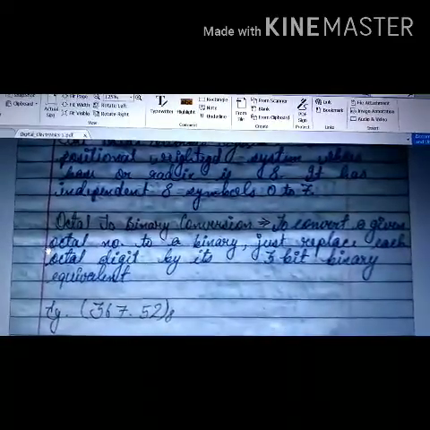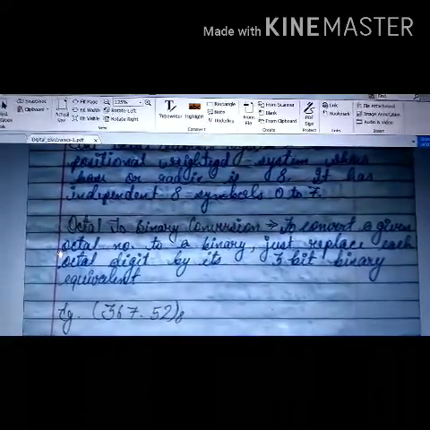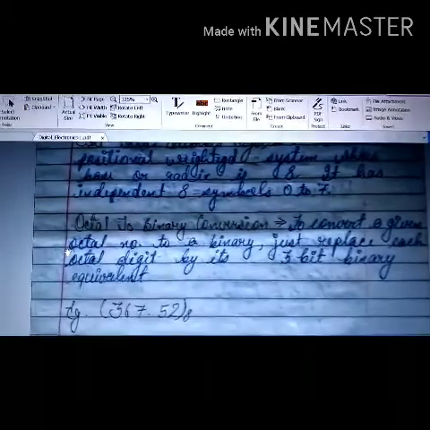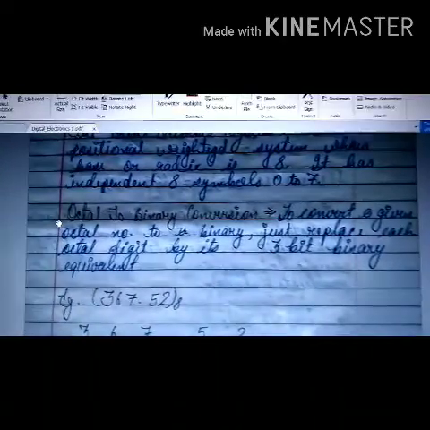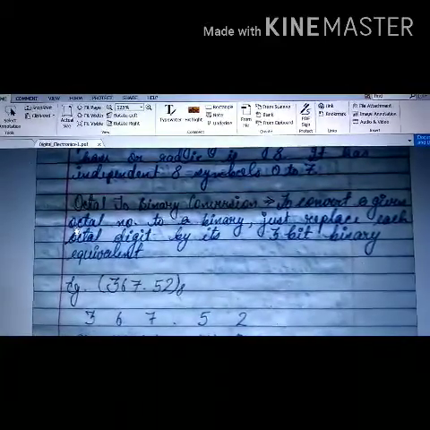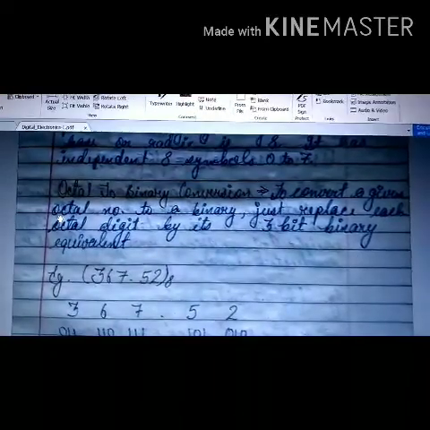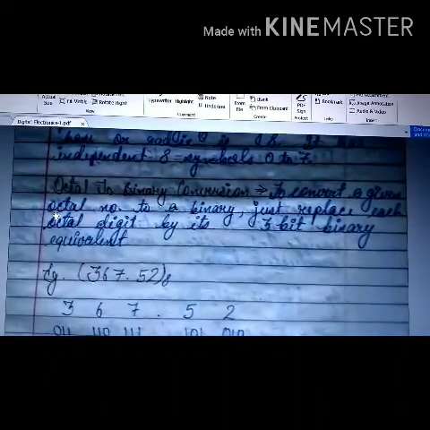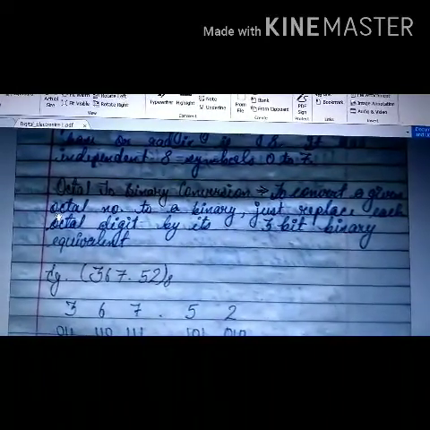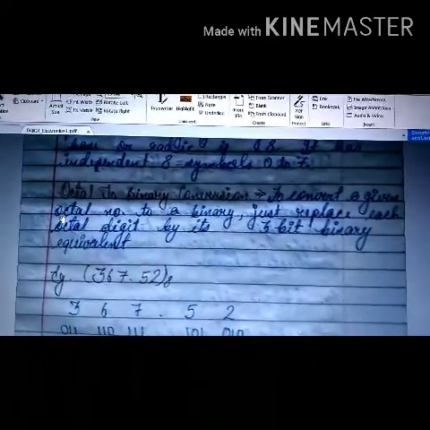To convert a given octal number to binary, just replace each octal digit by its 3-bit binary equivalent. This is a shortcut method for conversion of an octal number into a binary number. Otherwise, before this method, we had to convert octal to the decimal number system, and then by using the double-dabble method or sum of weights method, we had to convert that decimal number into binary.